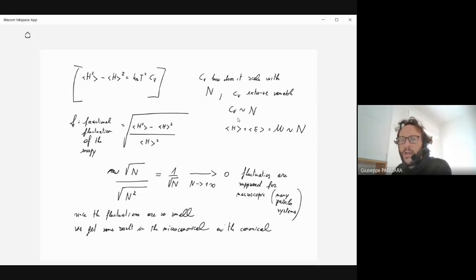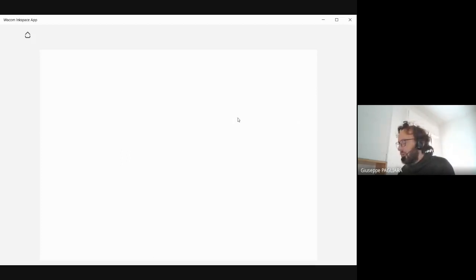There is an internal energy, which is an average energy, but the fluctuations are very small. This is a very important consideration, because it allows us to use the canonical ensemble instead of the microcanonical.